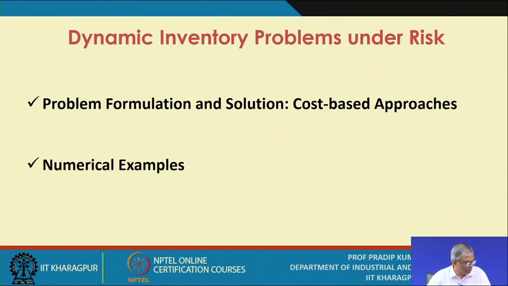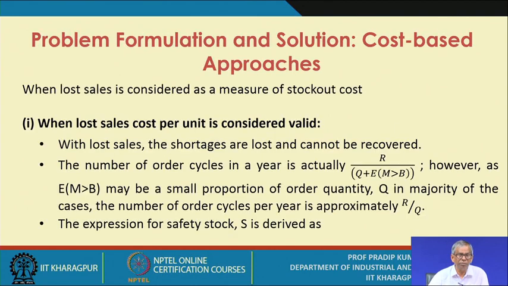So we have already discussed two important cases as far as the cost-based approach is concerned. We have assumed that the stock out situation will result in back ordering, and against this back ordering, in one situation we have assumed that the back ordering cost is to be computed on a per unit basis, and in the second situation we have assumed that the back ordering cost may be computed as a fixed cost per outage.